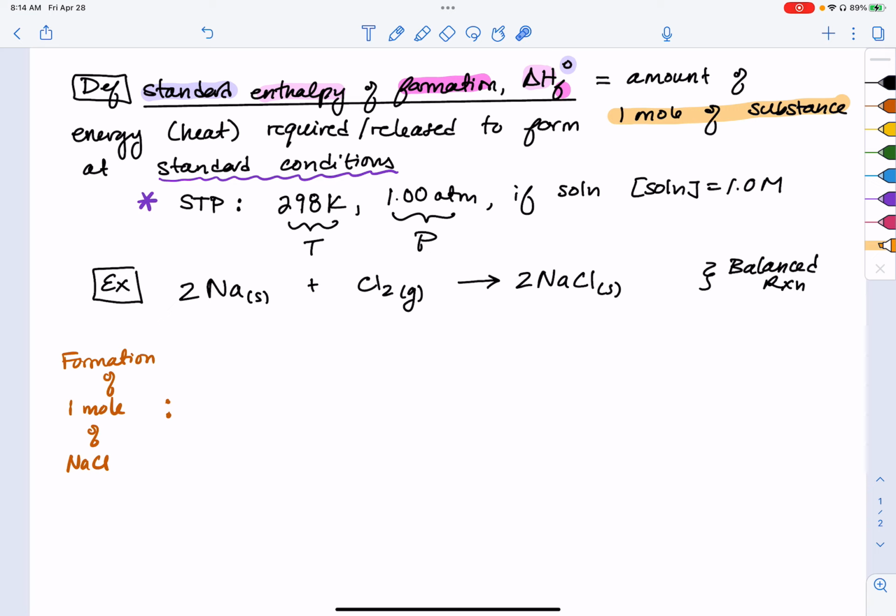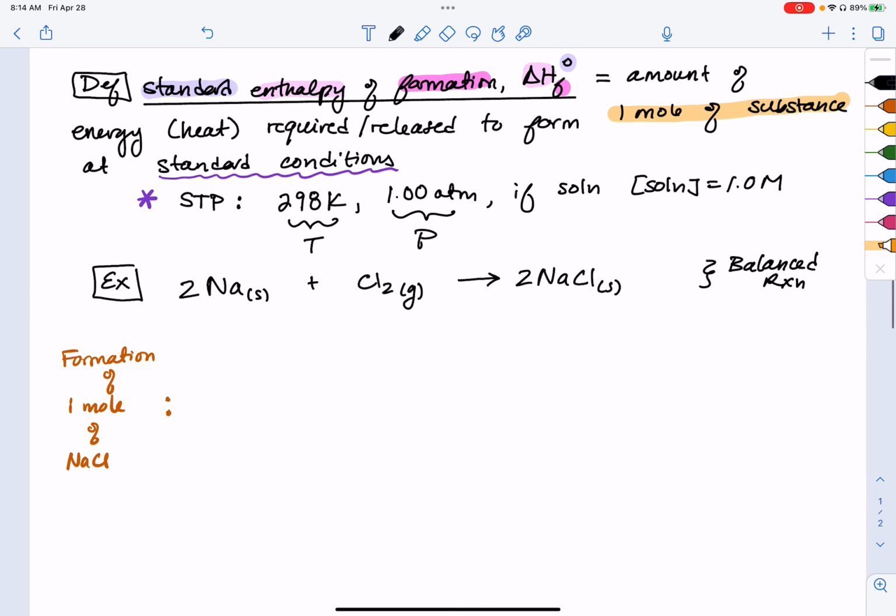I need to be looking at the formation of simply just 1 mole. So cutting all of these in half, this would be 1 sodium in proportion with half chlorine gas to form NaCl solid.